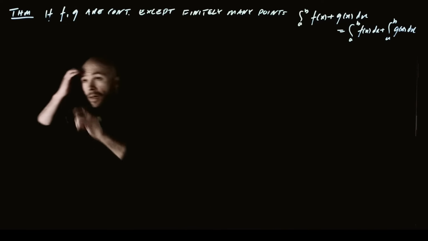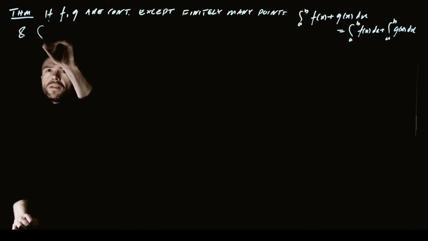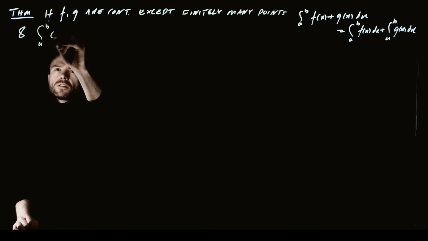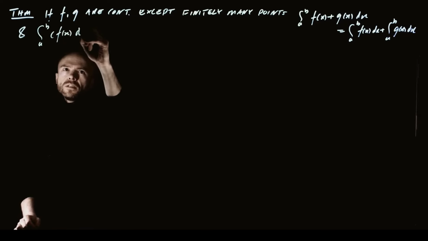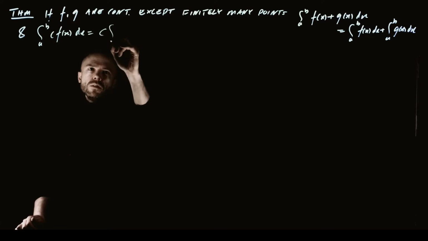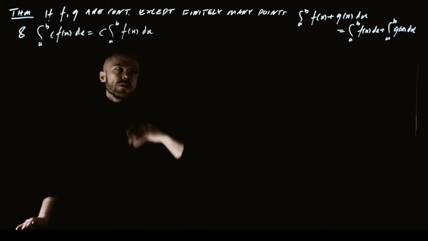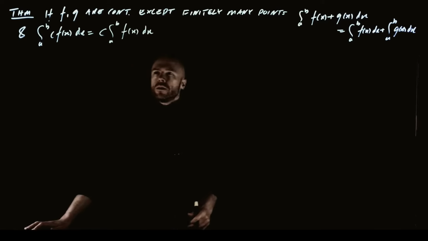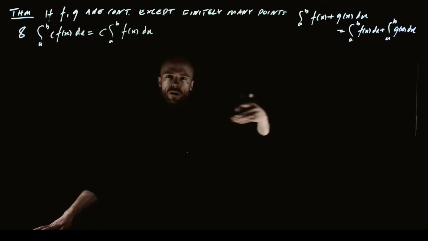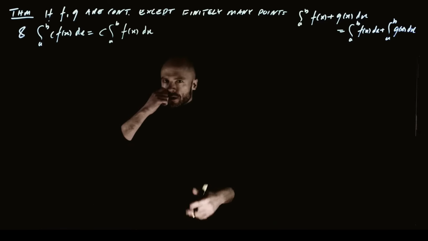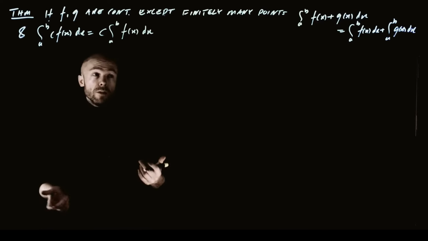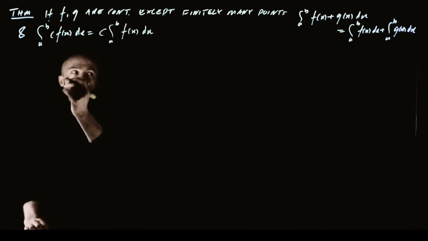And we have that the integral from a to b of c times f of x dx is c times the integral from a to b of f of x dx. These are exactly the analog of those things I wrote down here for ordinary sums, and they follow from exactly the same reason.